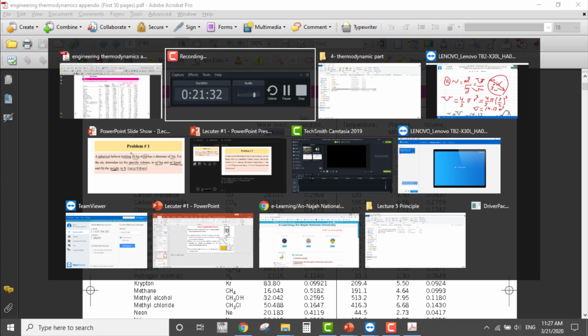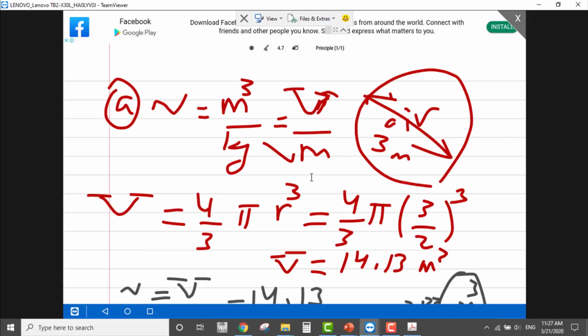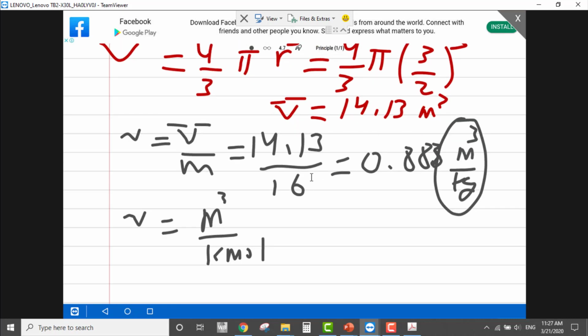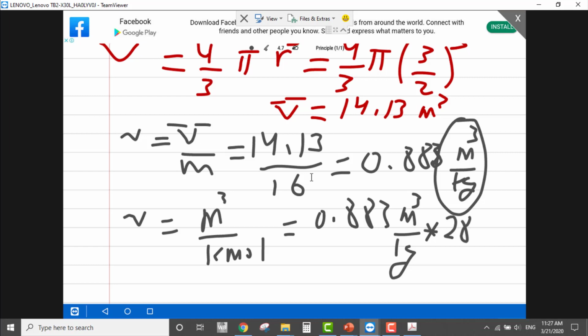Now, if we go back to our solving board, we'll write out that this value, 0.883 meter cube per kilogram, multiplied by the molecular weight, which is 28.97 kilogram per kilomole.